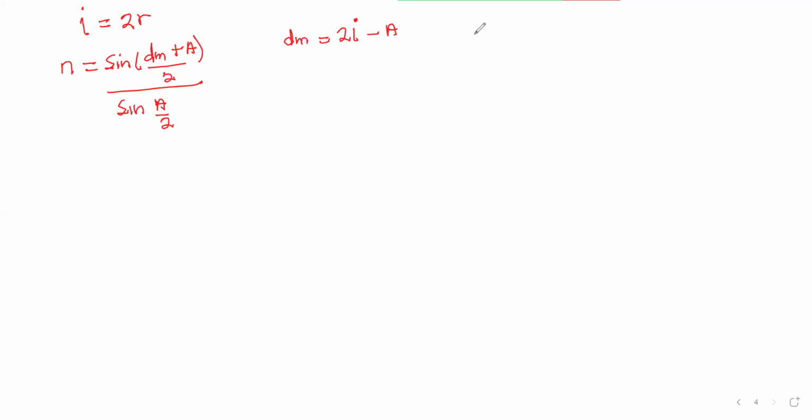So if I is equal to 2 times R, and at the minimum deviation, we know that A is equal to 2R, then it means that this information they gave us, that I is equal to 2R, and A is equal to 2R, I is equal to A. Do you agree with me?